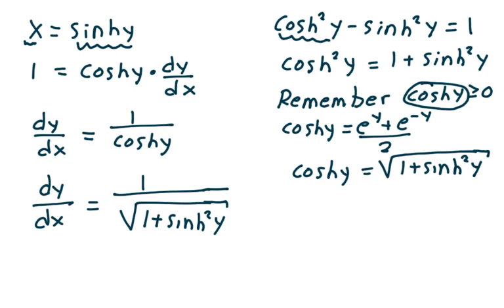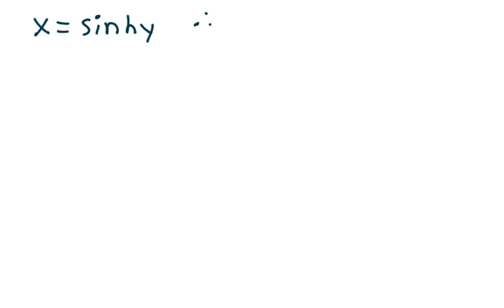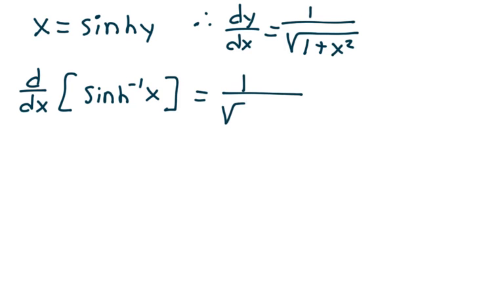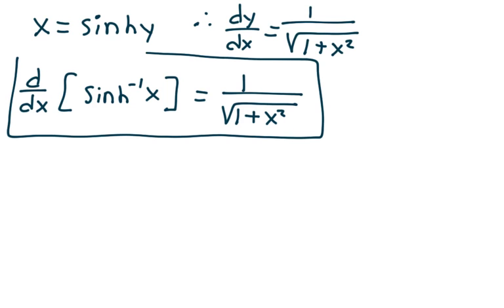So I'm going to replace hyperbolic sine of y with x. And so, therefore, dy dx is 1 over the square root of 1 plus x squared. And so the derivative with respect to x of the inverse hyperbolic sine of x is 1 over the square root of 1 plus x squared. They're all derived in a very similar manner, by the way.